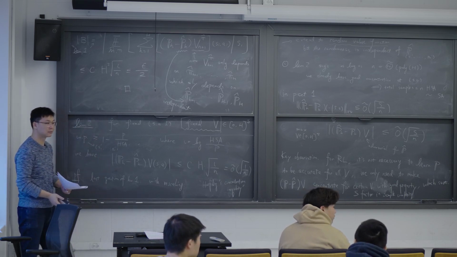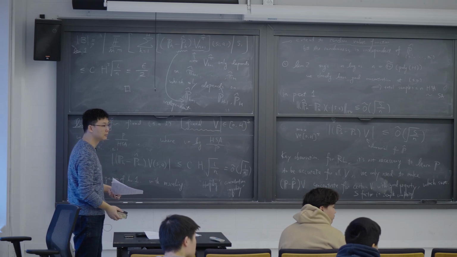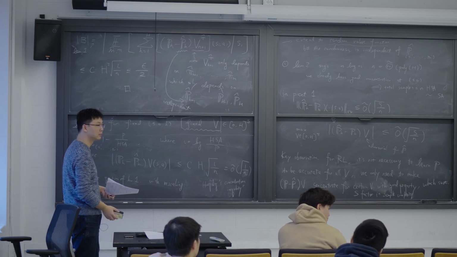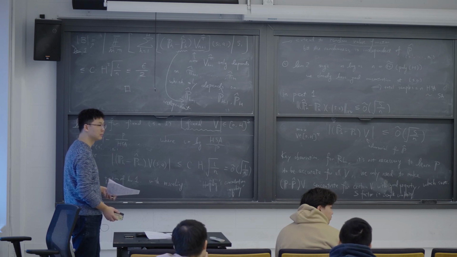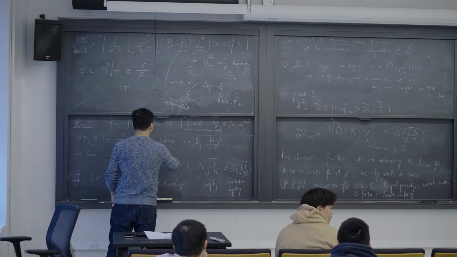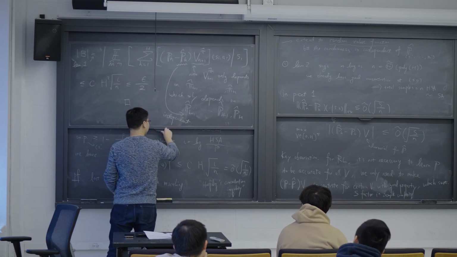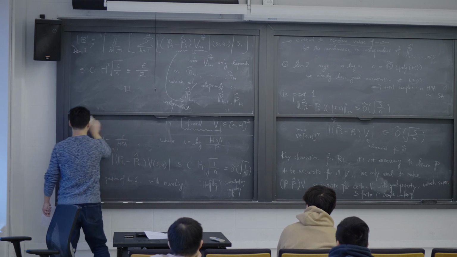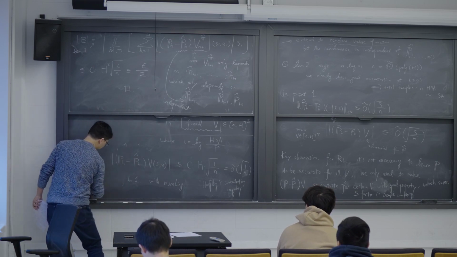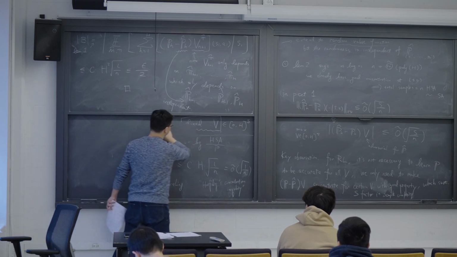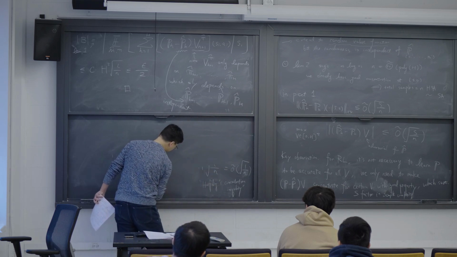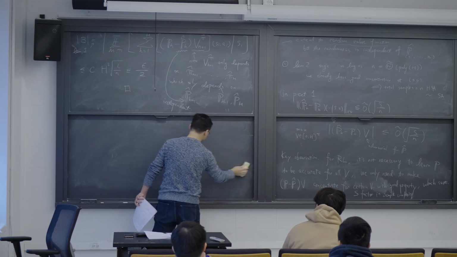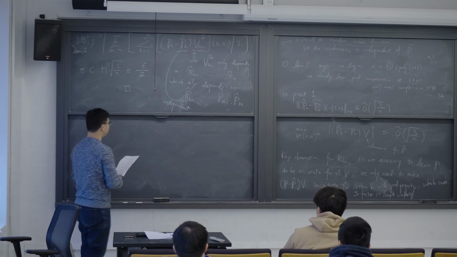Yes? Could you explain again why P of h plus 1 is independent of P of h, even though we assume, I think with the Markov property, that the transition... Yeah, I think the way we've written this is a little bit inaccurate. Just consider what we mean by this independence.